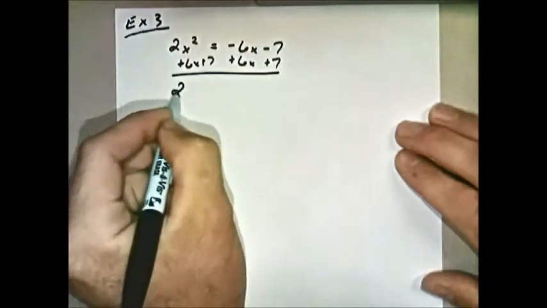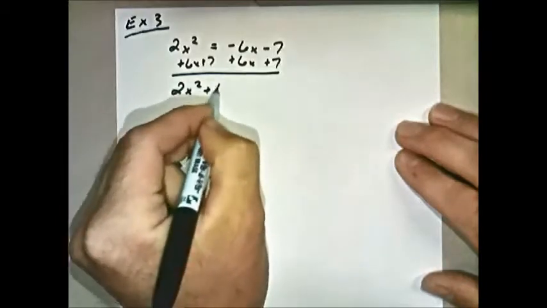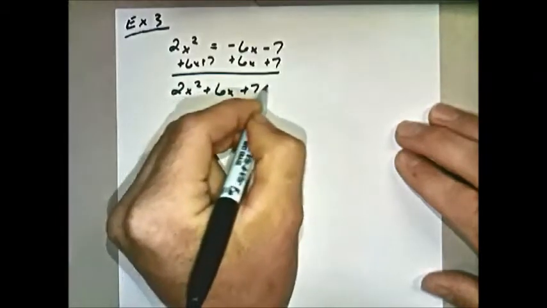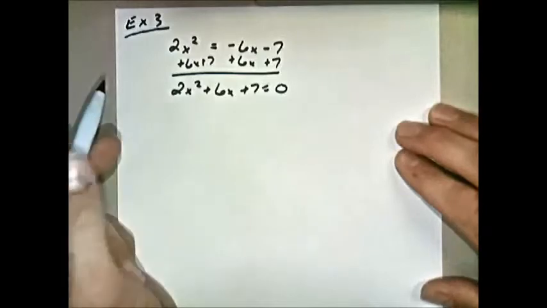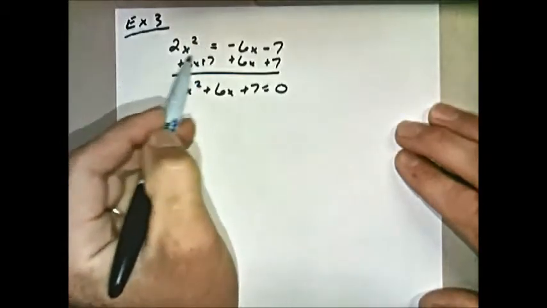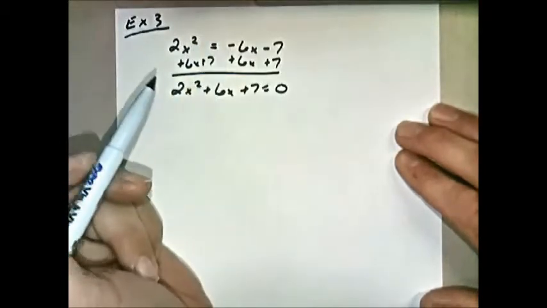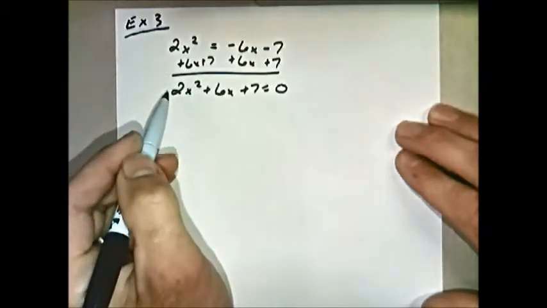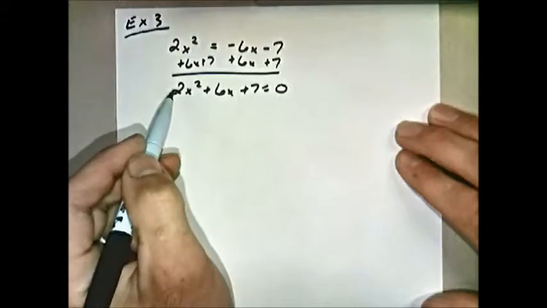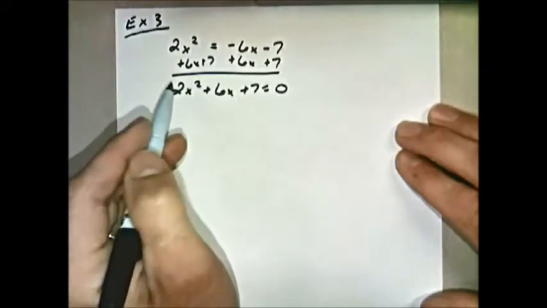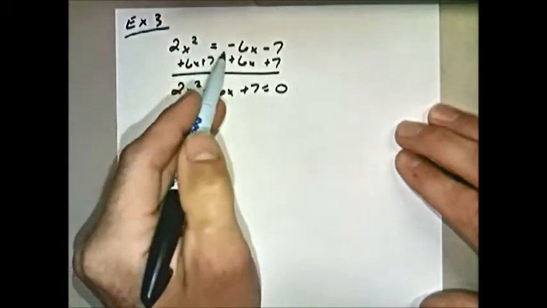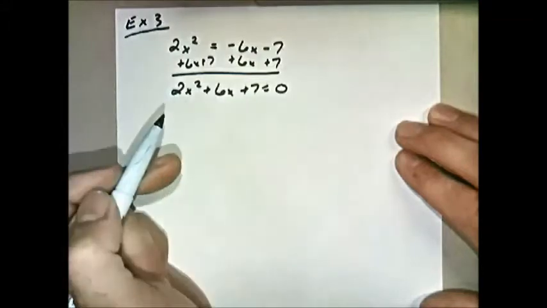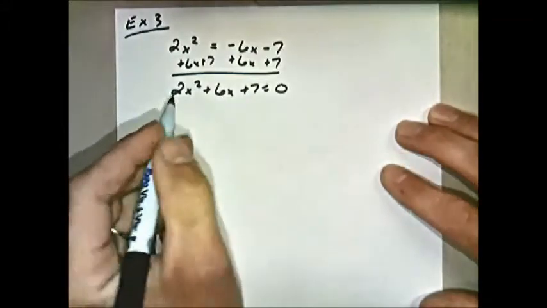So we end up with 2x squared plus 6x plus 7 equal to 0. Now you may be asking yourself, why didn't we just move the 2x squared over? Well, in mathematics, we like to have that leading coefficient positive. And if we can do that, we'll go ahead and work it that way. If you moved it over, that's okay. Your symbols and signs would be the opposite.